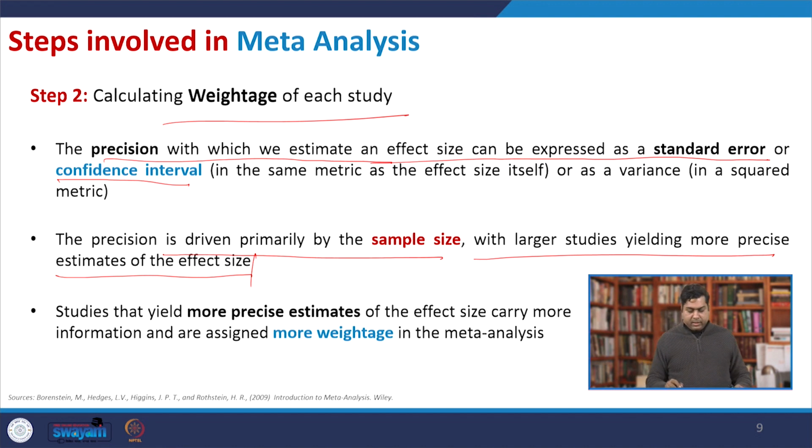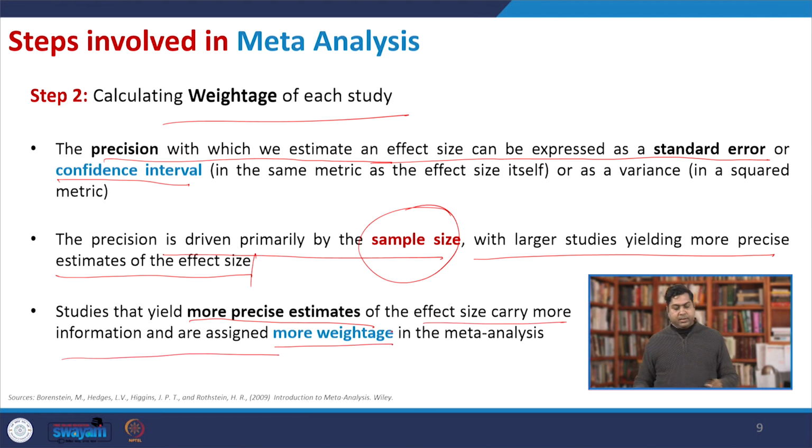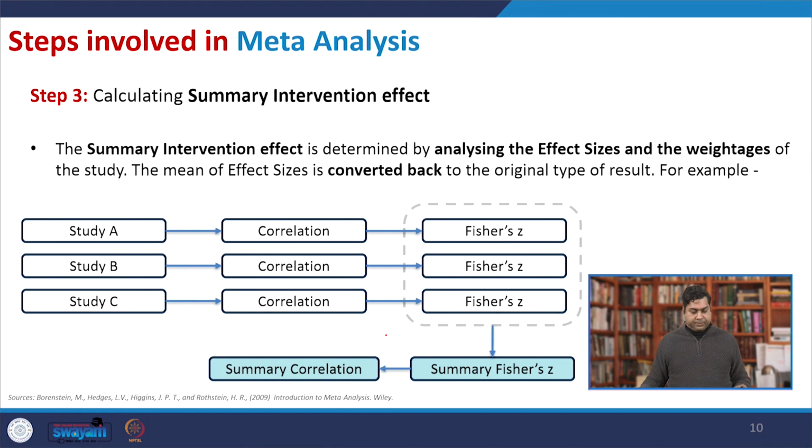So you need to make your sample size good enough to get a precise estimate. Studies that yield a more precise estimate of the effect size carry more information and are assigned more weightage. So definitely, whenever we have a more precise estimate, it will be assigned more weightage in the meta analysis.